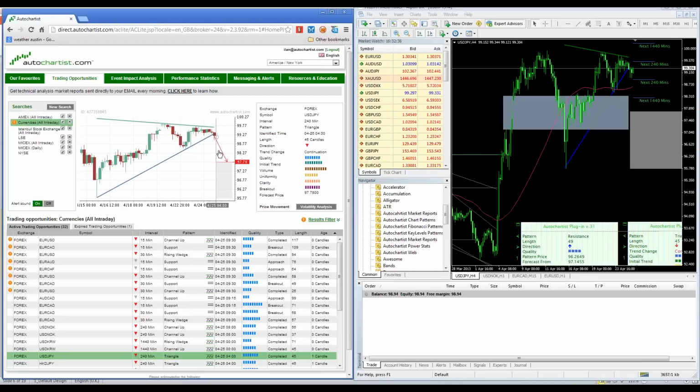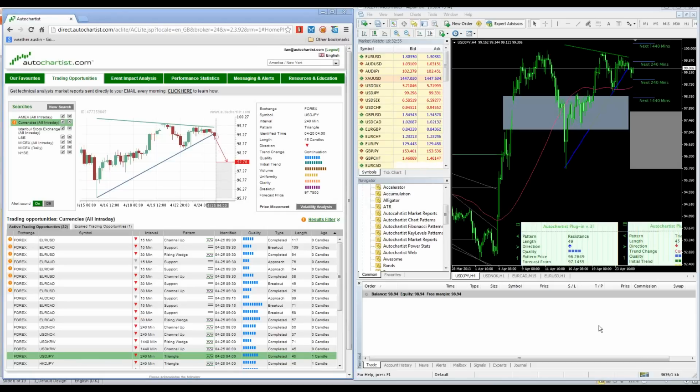Now, people ask me, Ilan, what are the criteria that one should base a trade on such an opportunity? There are a few criteria that one can look at. One of them, of course, is the visual quality of the chart pattern itself.